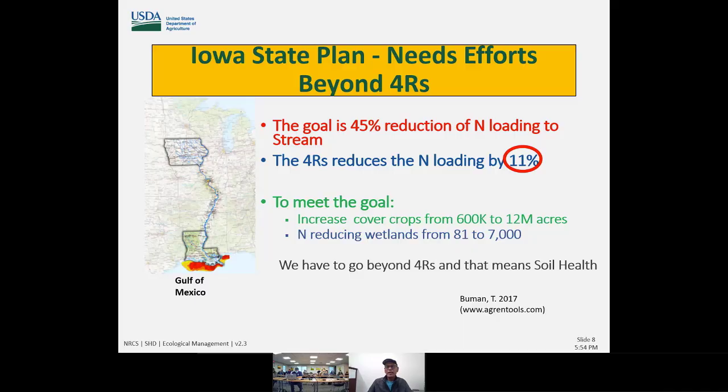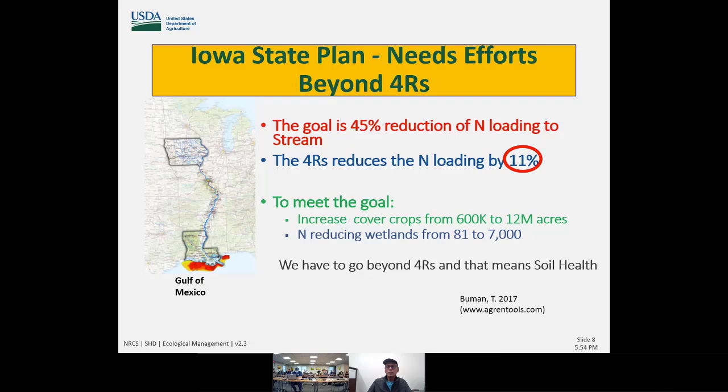The State of Iowa actually is planning to reduce nutrient loss in the Gulf of Mexico. So the goal is a 45% reduction of nitrogen loading to the stream. With the 4R strategy they use, this nitrogen loading they can reduce by 11%.